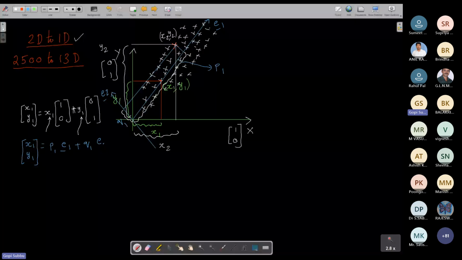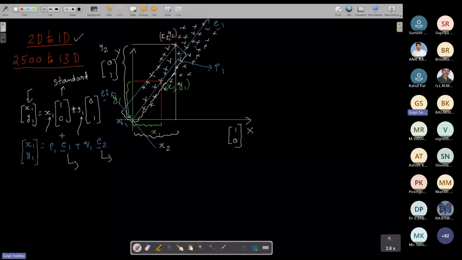Earlier, we represented that vector as a linear combination of the standard basis. This is the standard basis we are having, right? Now we identify a new basis vector here and we found the coefficients as well, P1 and Q1.